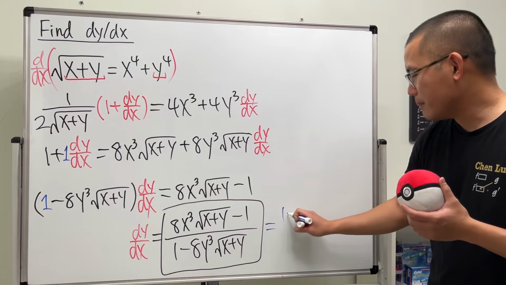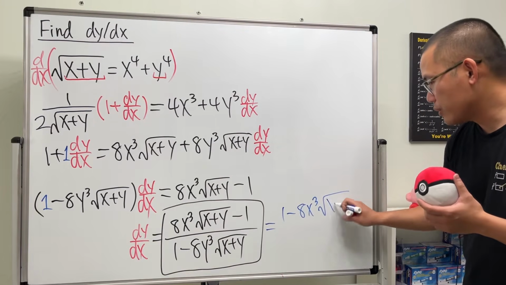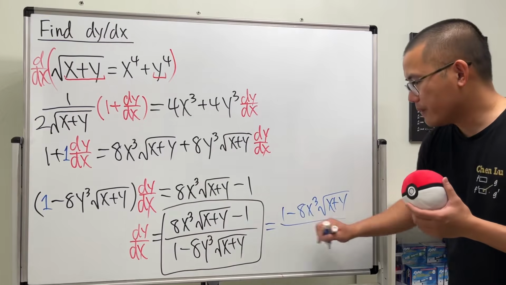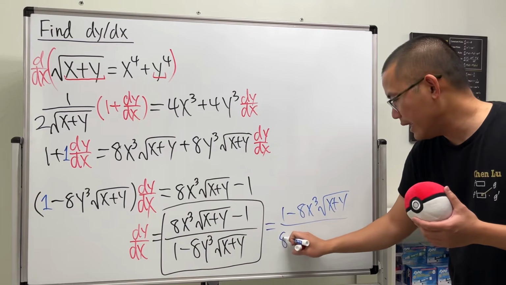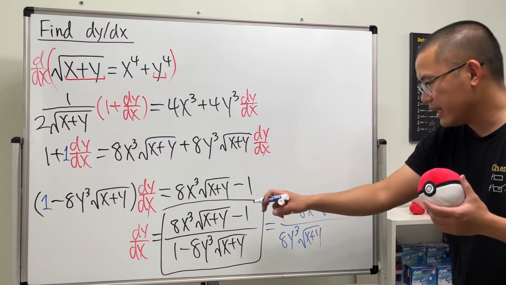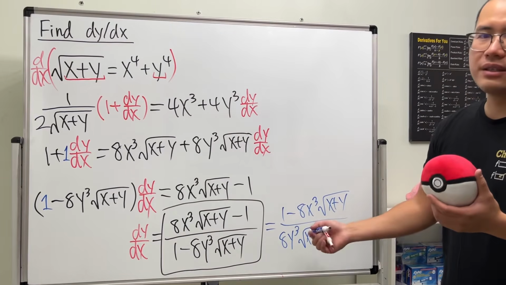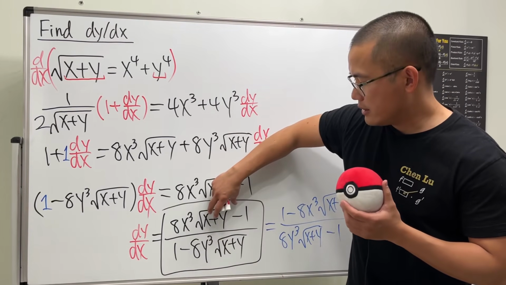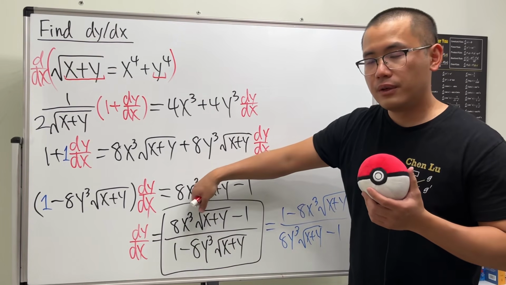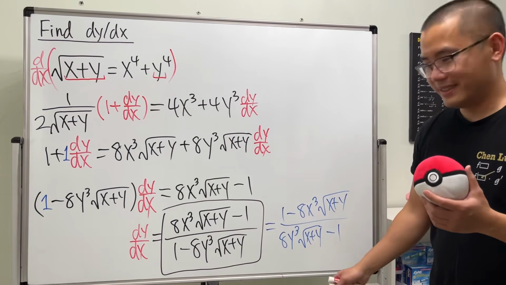They have 1 minus 8x to the third power times the square root of x plus y over, and again switch the order, so you have 8y to the third power times the square root of x plus y, and then minus 1. So yeah, one way or the other, they are okay. You can also look at this as you factor out a negative, and then you distribute the negative. Either way, it's okay. That's it.